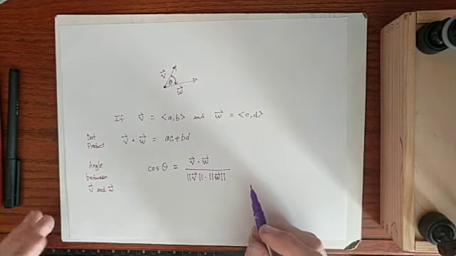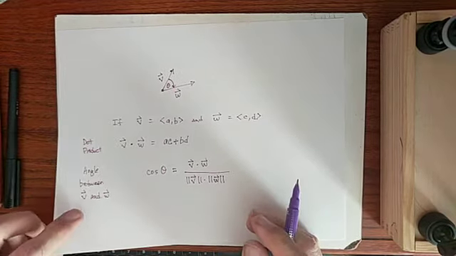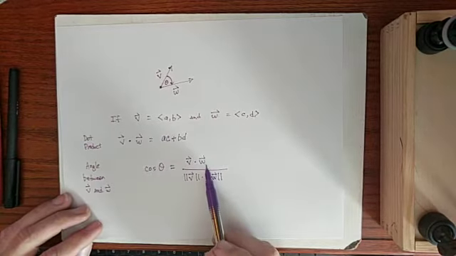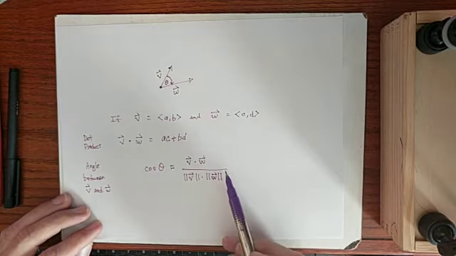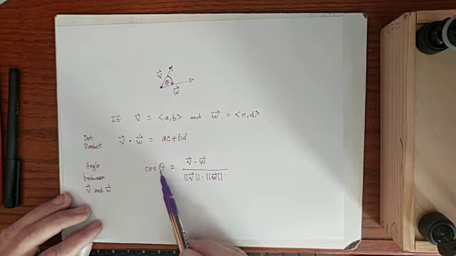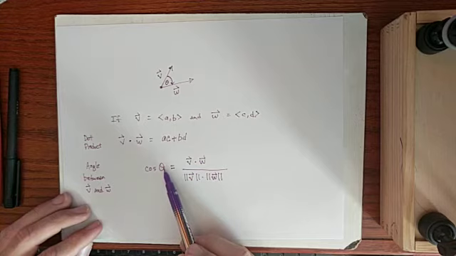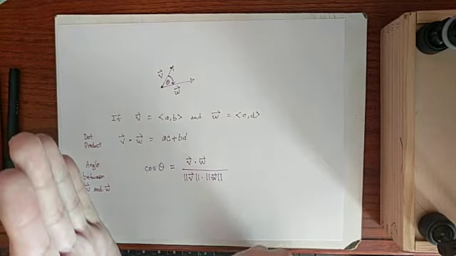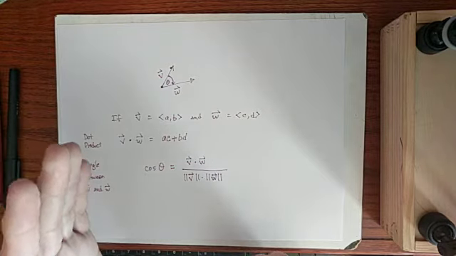Okay. All right. So let me give you an example, and there are rules about this. For example, if the dot product between two vectors is 0, then that means the angle between them is pi over 2 or 90 degrees. So it means that the vectors are perpendicular when their dot product is 0.